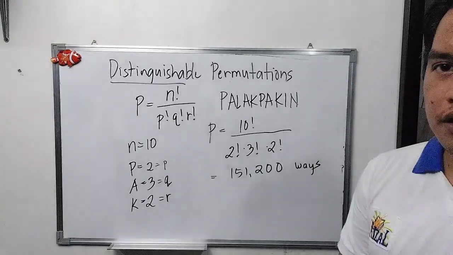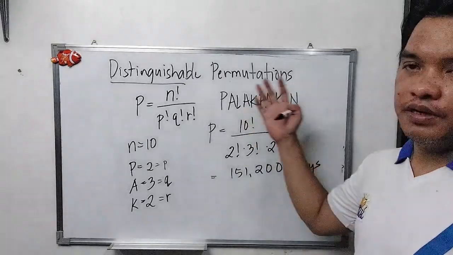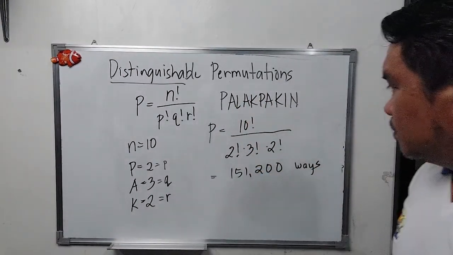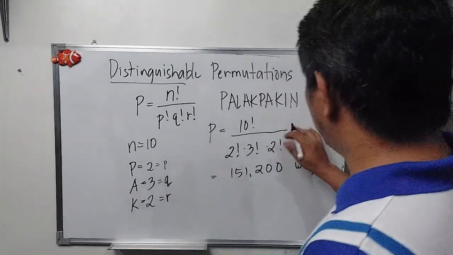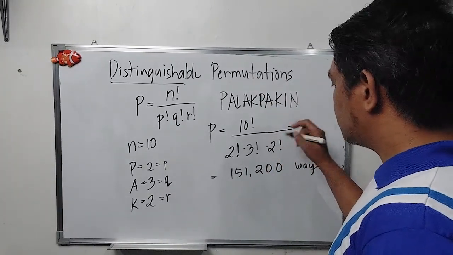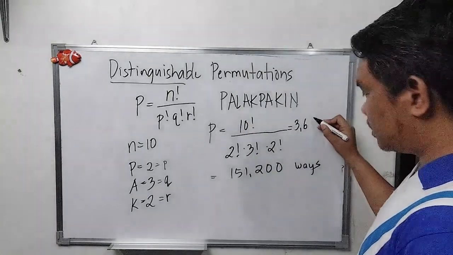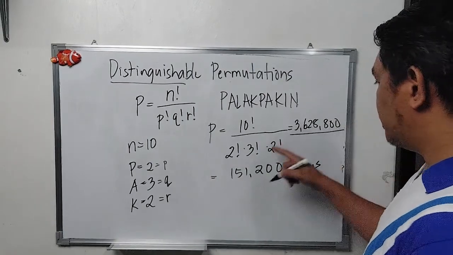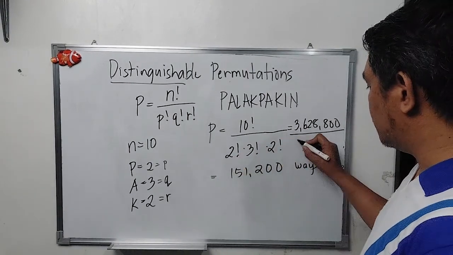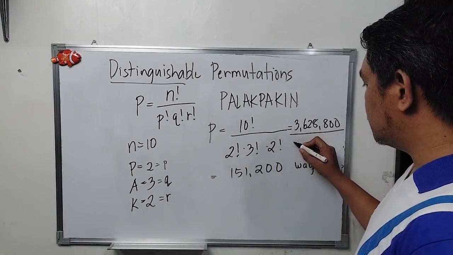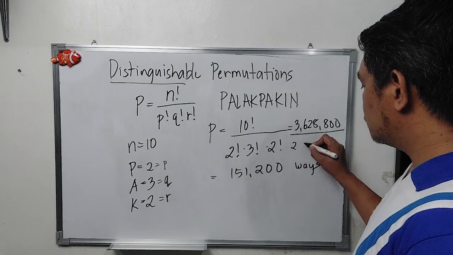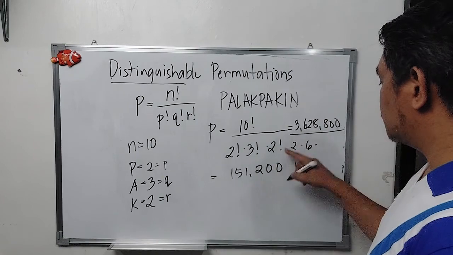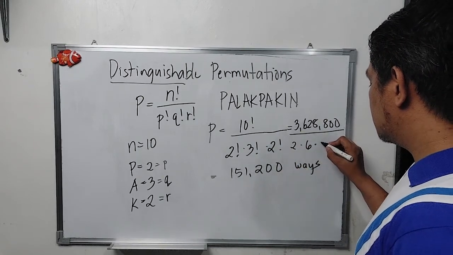So, yun yung different arrangement na pwedeng gawin natin sa mga letters na nandito. Or, pwede mo naman i-expand. So, ano ba yung value ng 10 factorial? 3,628,800. Divide mo dito sa 2 factorial, which is 2, 3 factorial natin is 6, and another 2 factorial natin is 2.